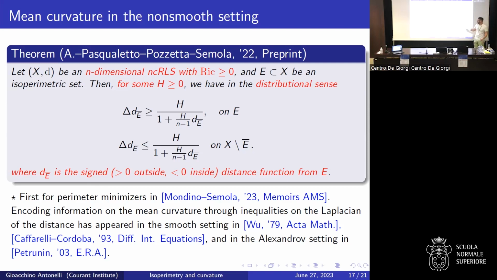Also, the idea of encoding mean curvature with inequalities on the Laplacian of the distance function was divined by Petrunin in this very short research announcement, in which he suggests how to prove, and he actually proves, the Lévy-Gromov isoperimetric inequality on Alexandrov spaces.